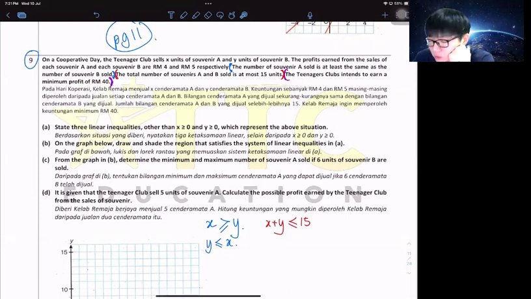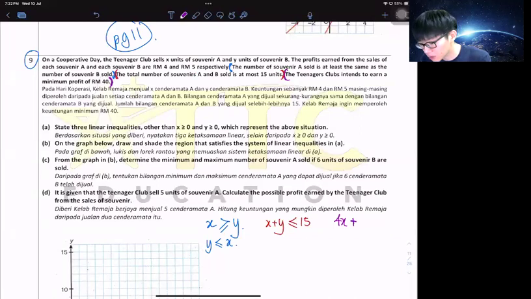Maybe I give you 5 seconds to think of what to write first. But for the calculation part, 1A is 4 ringgit. How many A? X, not 10, not 15, but they said X. So therefore you just do X times 4 ringgit, 4X. Then total profit plus B will give you 5 ringgit.